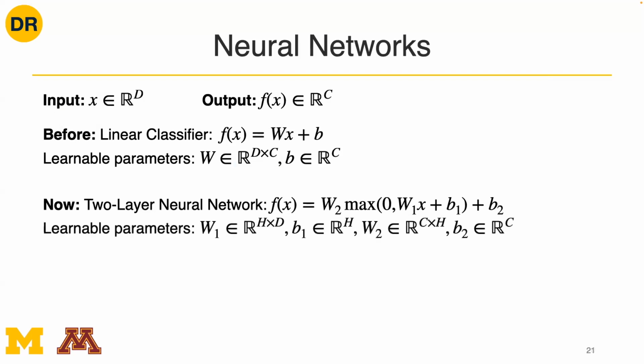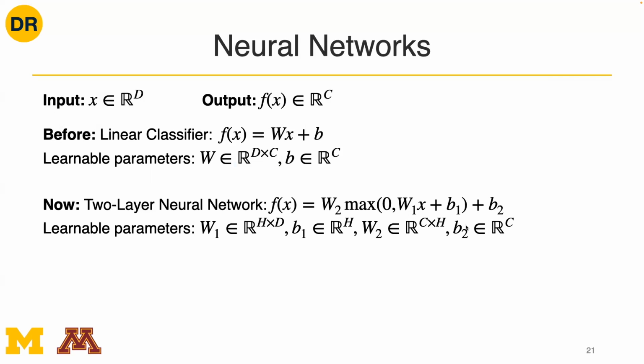In this case, instead of having one set of learnable parameters, W and B, we now have two sets. So we have W1, B1, and then W2 and B2. It's worth pointing out that for the second set of learnable parameters, W2 and B2, the actual size of those is not going to depend necessarily on the input data. It'll depend on how many output classes we want, right?